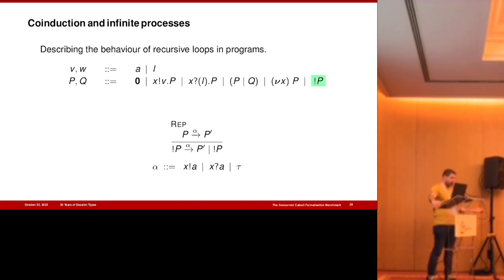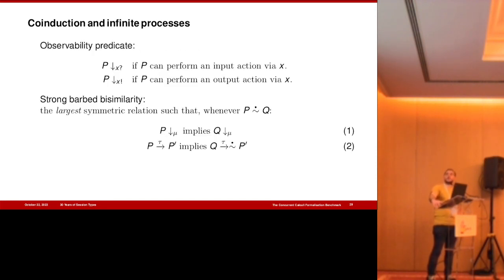So how do we deal with infinite behavior? With coinduction, and in particular, we start by asking how can we relate processes with infinite behavior? How can we reason about the behavior of processes? Well, by what we can observe externally.